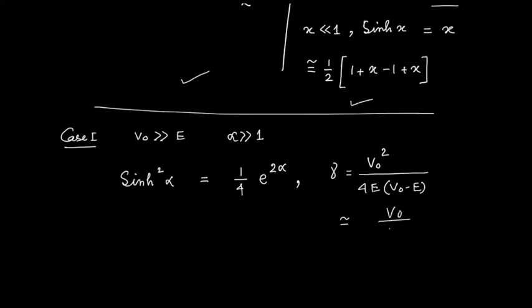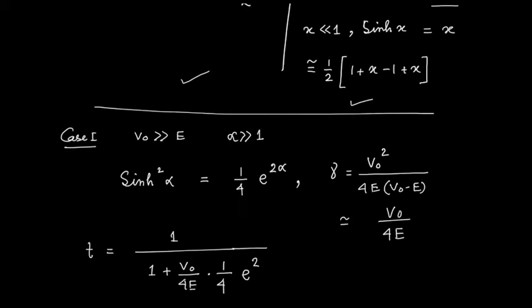So this is just V0 by 4E. So what happens to T? T is 1 by 1 plus gamma, which is V0 by 4E, into sine hyperbolic square alpha, which is 1 by 4 e to the 2 alpha.